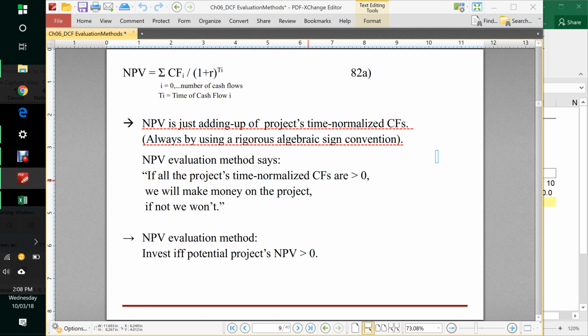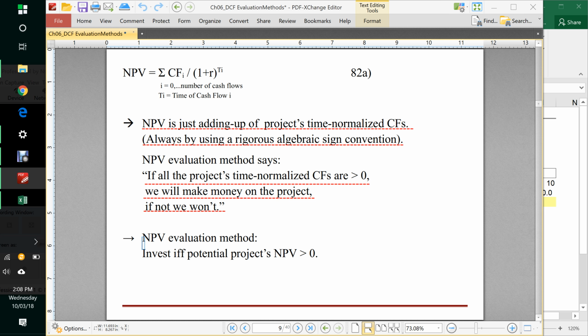So the NPV evaluation method says in words, if all the project's time normalized cash flows are greater than 0, we'll make money on the project. If not, we won't.